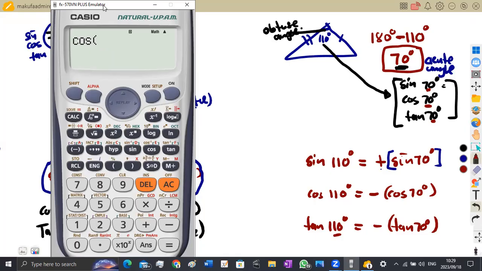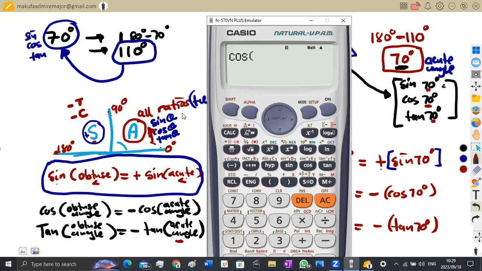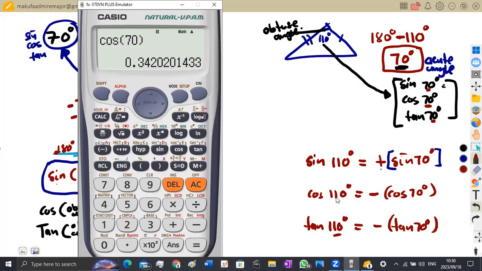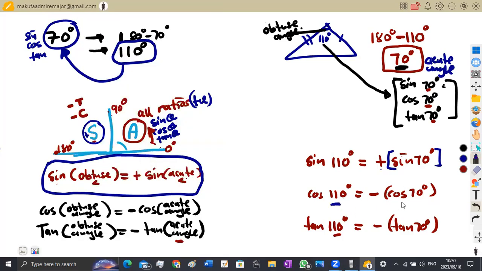A positive. We said all acute angles, they are positive, all the ratios. So cos 70 is supposed to give us a positive value, because it's an acute angle. But as you can see, it has the same decimal value, 0.342. So we are saying from this part, to obtain cos 110 from cos 70, because we saw that cos 110 is carrying a negative.